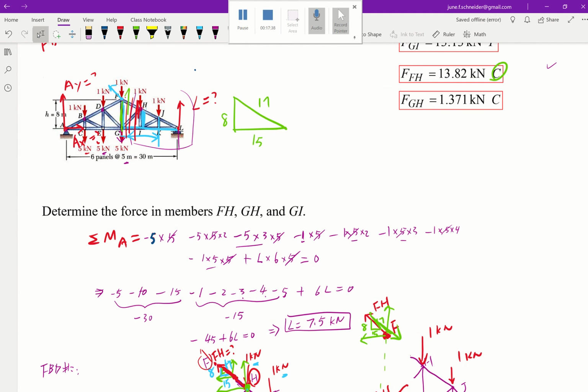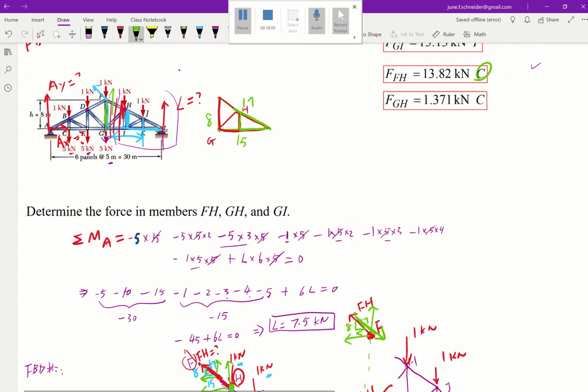So how do I figure it out? This is our GH. G is here, H is here. So let's go ahead and solve that. Then here, inevitably, we're going to use proportionality. So what we're going to do is look at this big triangle compared to this small triangle here, right?